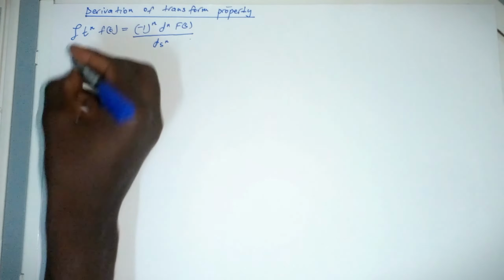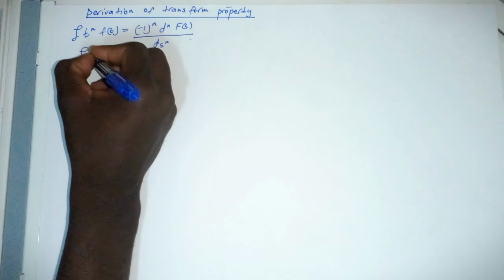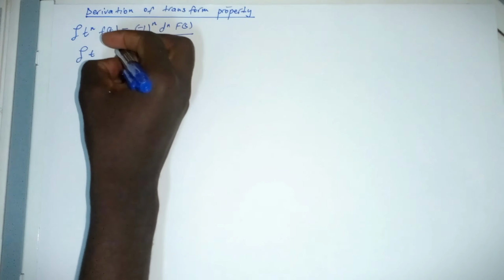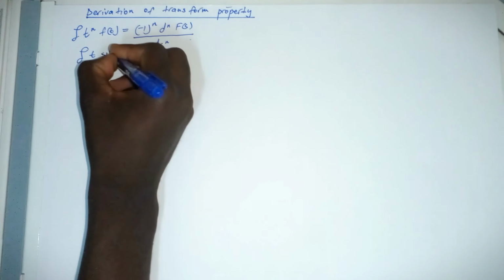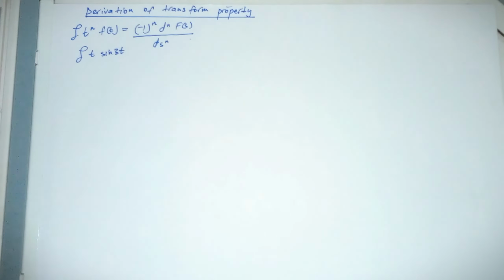First of all, I want to evaluate the Laplace transform of t sine 3t. Okay, so you should know that we haven't done a problem like this. It's not the same as e to the power at of f(t), it's just different.